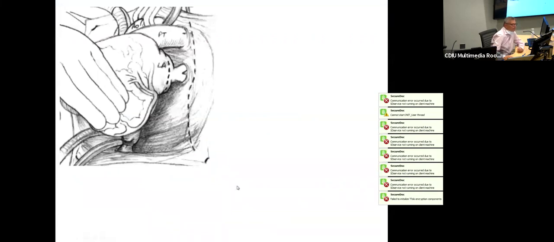So this is an example of the modification of the repair, which was designed to minimize the amount of flow disturbance and increase the caliber of the pathway between the pulmonary veins and the left atrium. So you can see we have a proposed incision in the left atrium, just inside where the left pulmonary vein confluence is in this case.